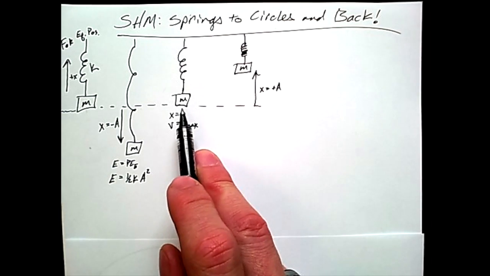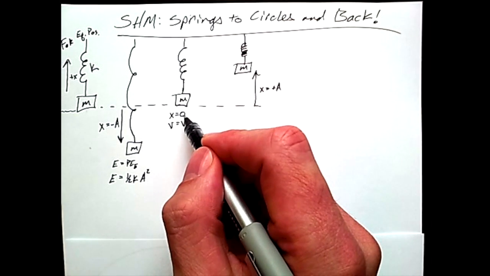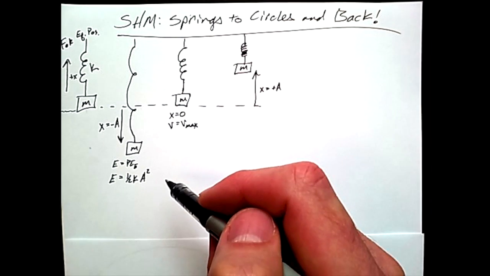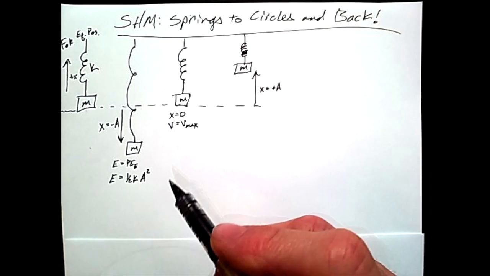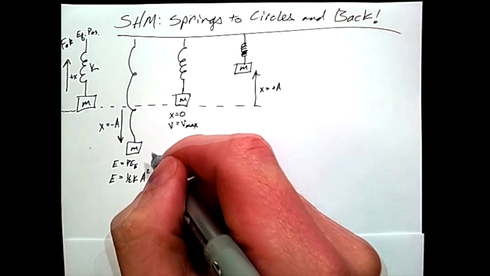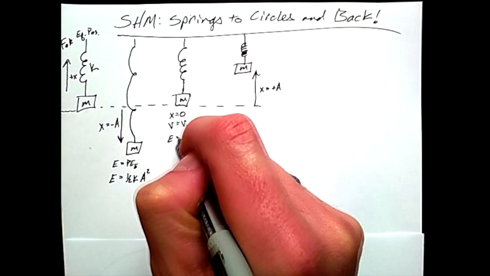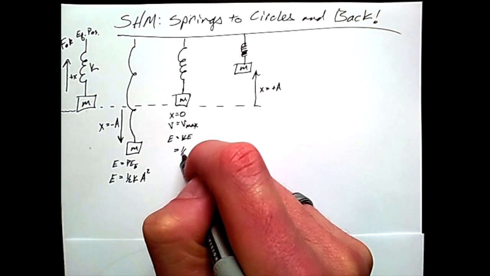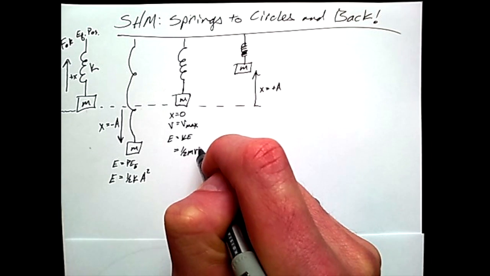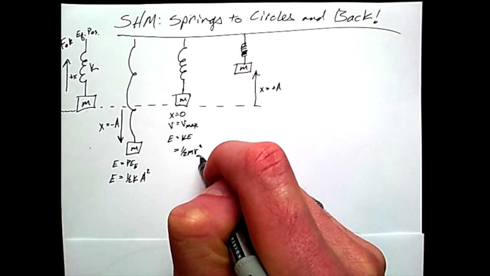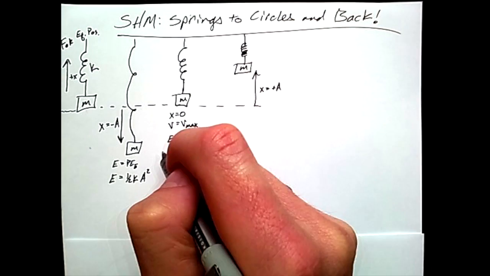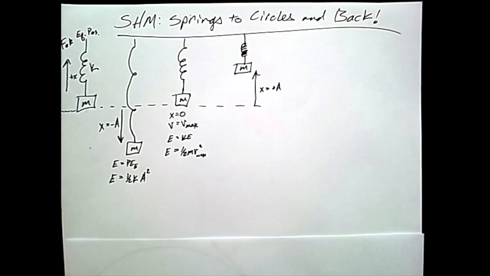At this position, we know that it is at equilibrium, which means that the spring is neither compressed nor stretched, so the elastic energy is now gone because now it is moving, and the entire energy is kinetic energy, which can be described as 1/2 mv squared. In this particular case this is the maximum, so we want to note that: v max squared. So the entire energy can be described as 1/2 m v max squared.